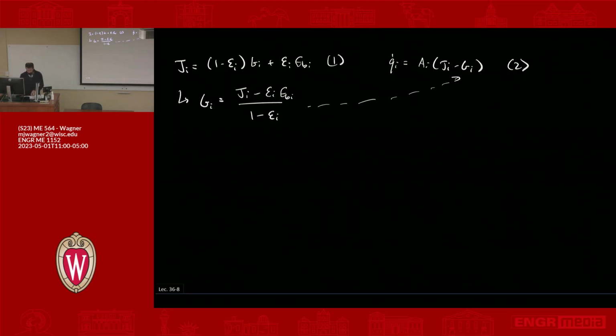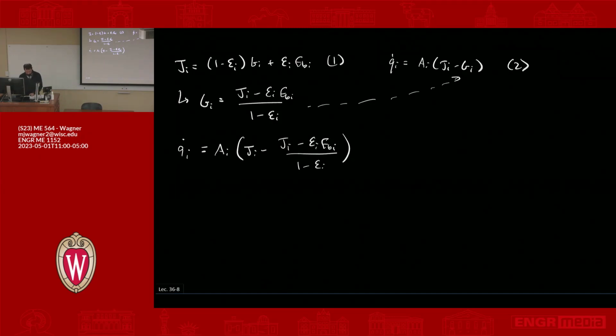What we are left with is Q dot I equal to AI times the quantity JI minus the fraction JI minus epsilon I EBI over 1 minus epsilon I. We can pull things apart a little, so let's get the JI out of there.